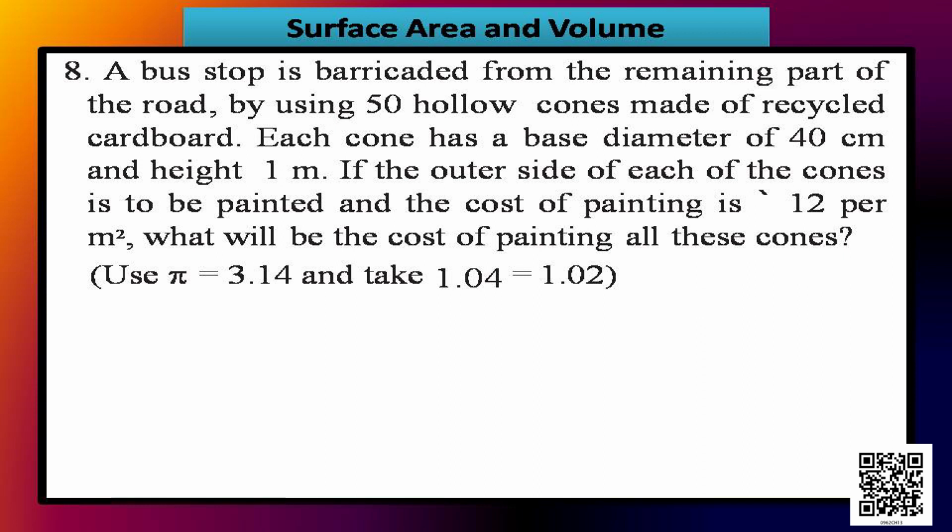If the outer side of each of the cones is to be painted and the cost of painting is rupees 12 per meter square, what will be the cost of painting all these cones? Okay. The instruction is given to use pi as 3.14 and to take square root of 1.04 as 1.02. Okay. So let us discuss the solution.